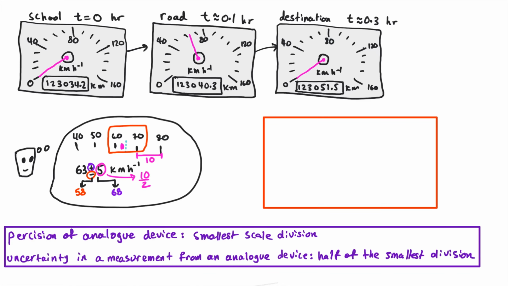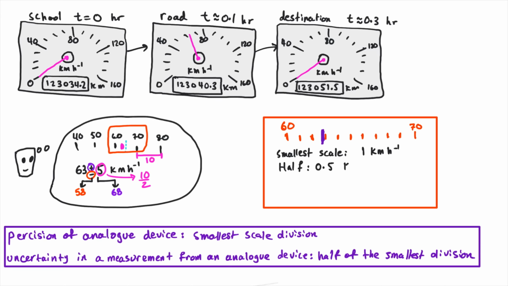Robo then uses its sensors to further divide the scale into 10 new divisions using image processing. Now Robo can see that the number is somewhere between 62 to 63 kilometers per hour. It could estimate the number as 62.9 kilometers per hour. Based on the new concept that it just learned, the uncertainty would be half of the smallest division.